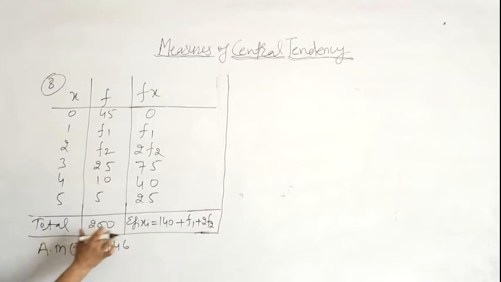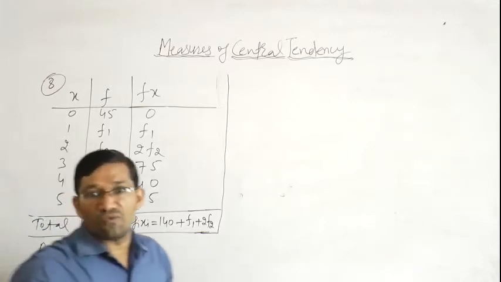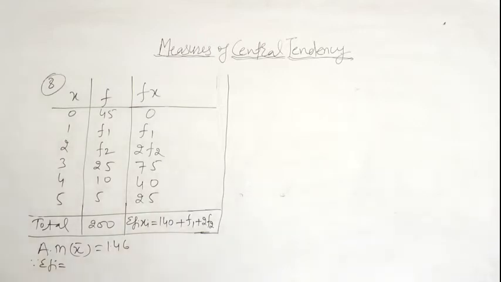Sigma fi is given, because sigma fi means the sum of all frequencies. Sum of all frequencies is 200, given in the question.